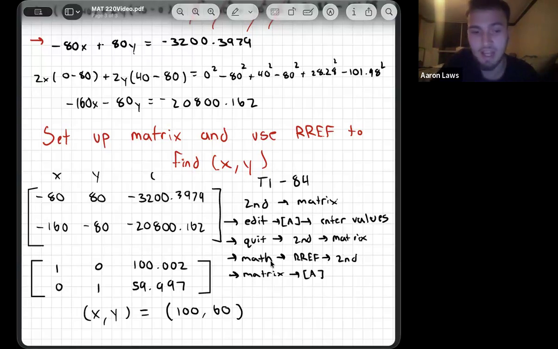Once you hit enter, you should be returned with a matrix that looks like this lower one in reduced row echelon form, where this is telling you the corresponding value of x and the corresponding value of y that makes both of these equations true at the same time. And you are given the XY coordinates for point P: 100 and 60.